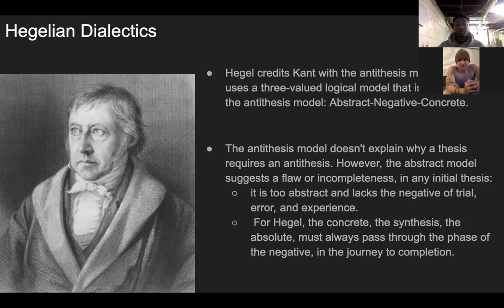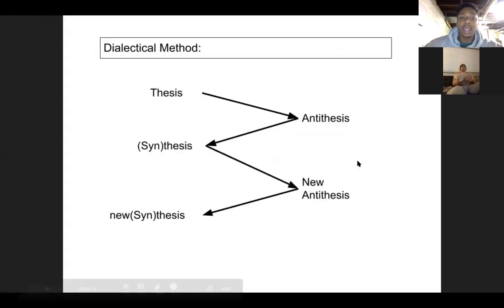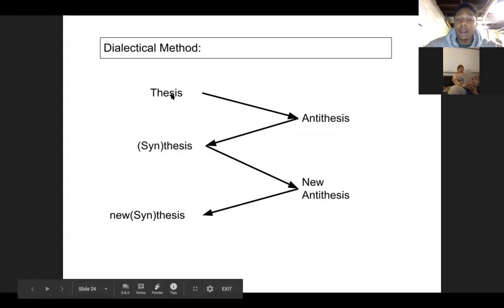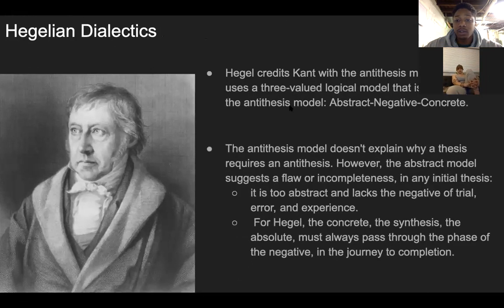So in the antithesis model, it doesn't explain why a thesis would require an antithesis. However, in Hegel's abstract model, the abstract suggests a flaw or incompleteness in any initial thesis. This is because any initial thesis, just by being a thesis, hasn't been tried and tested through experience.